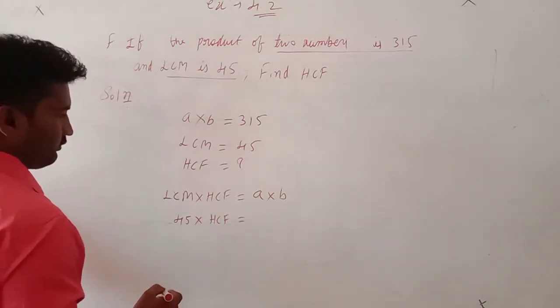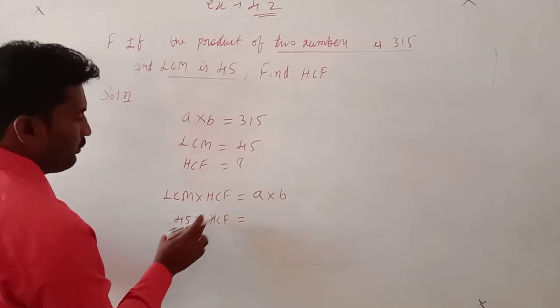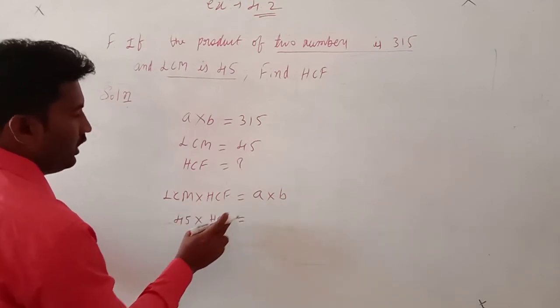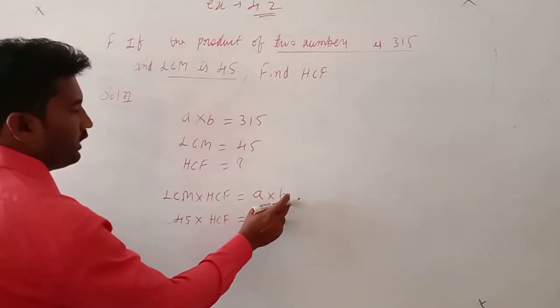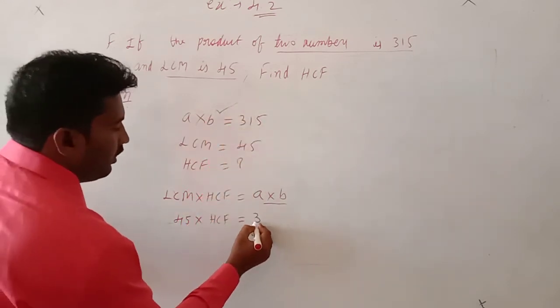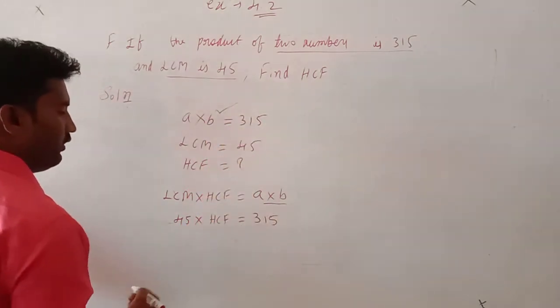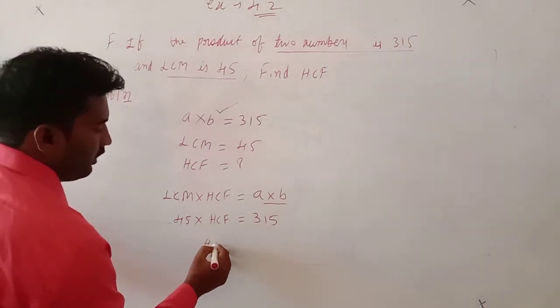The multiply sign stays, and the equal sign stays. A into B is 315. We have to find the HCF, so keep HCF on the left side.